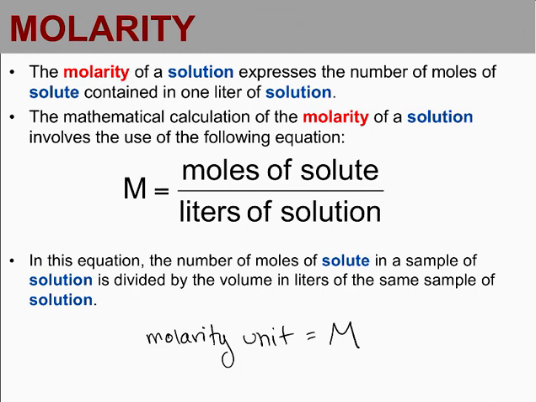So instead of writing moles per liter, we can just write a capital M, which is a lot easier. All right, so in this equation, the number of moles of solute in a sample of solution is divided by the volume in liters of the same sample of solution.